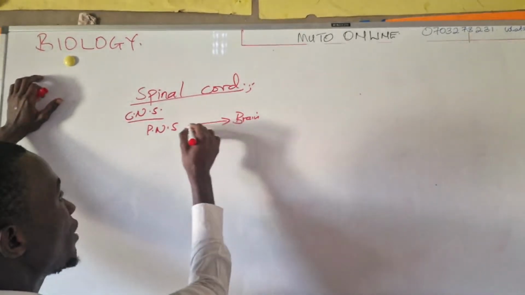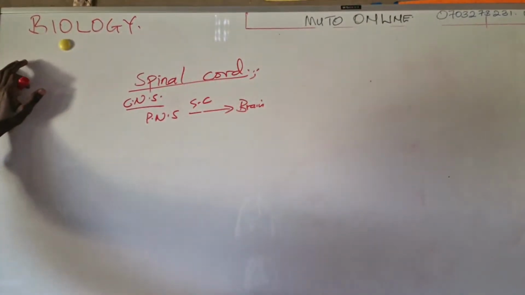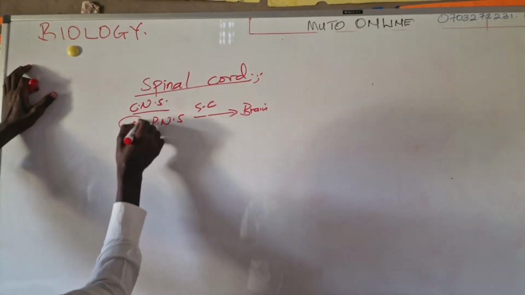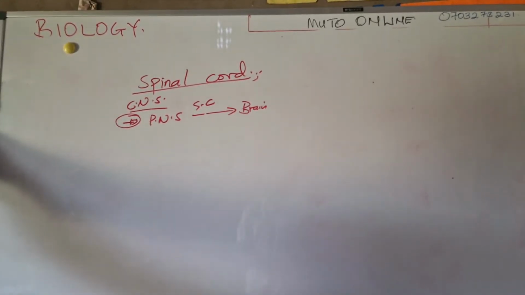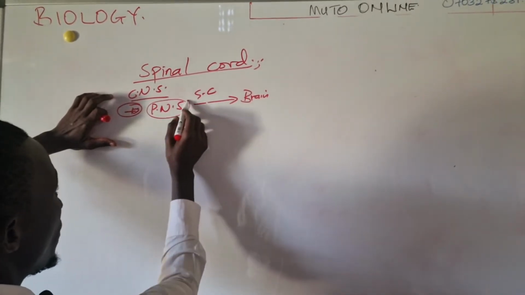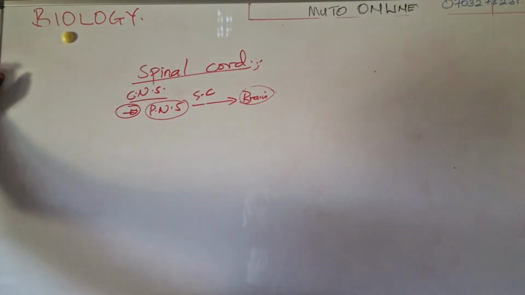So the link between these two systems is the spinal cord. So we are looking at the functions of the spinal cord. It links impulses from the peripheral nervous system to the brain for interpretation.